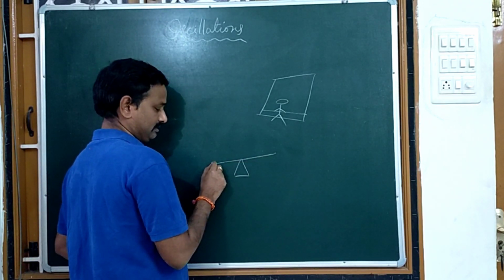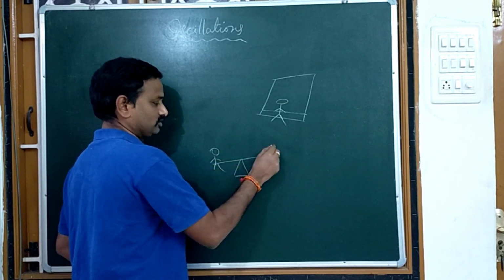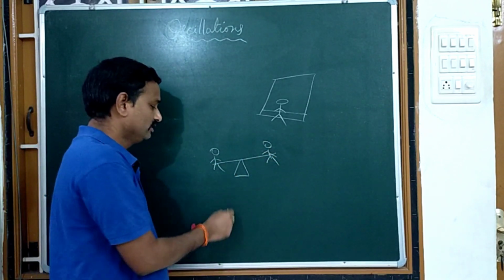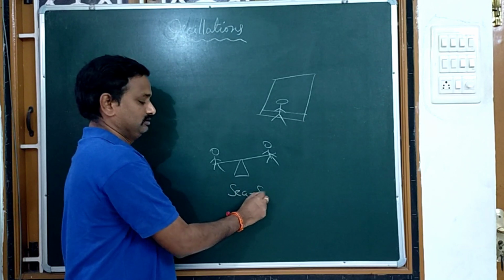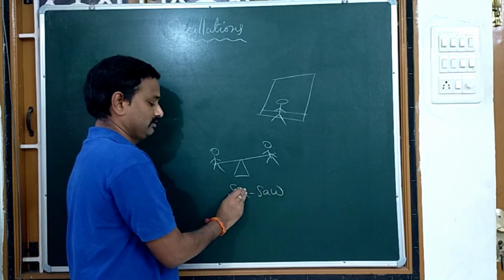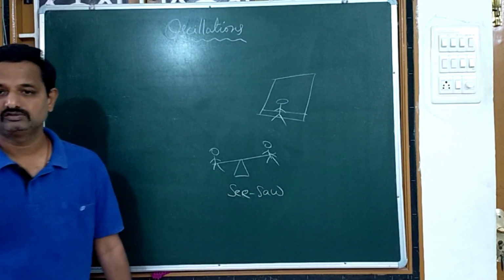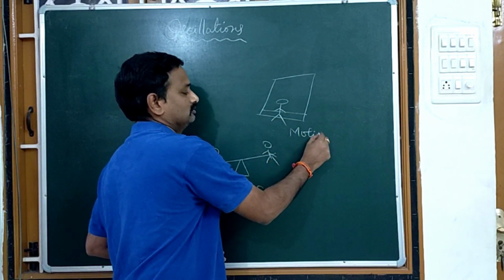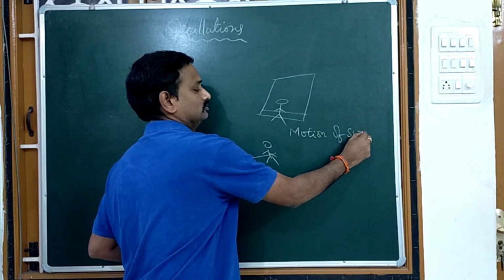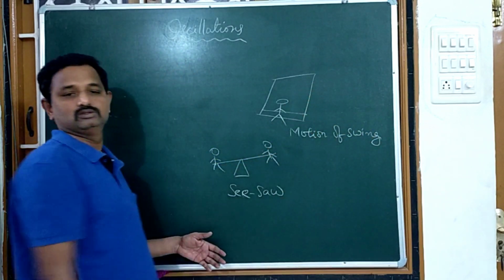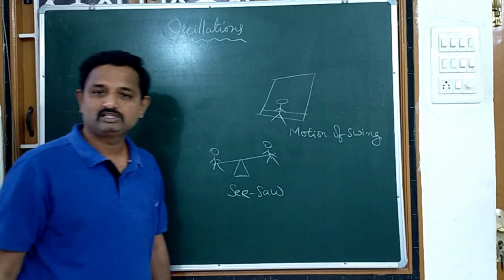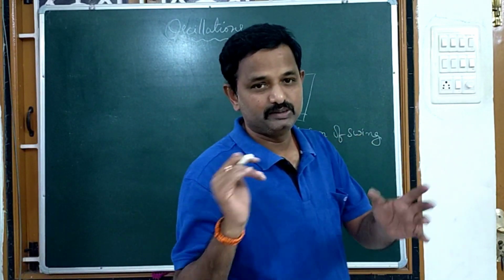See here, these two children are playing on a seesaw. So this is also an example of oscillatory motion, like the motion of a swing. Motion of a swing and a seesaw are examples of oscillatory motion.